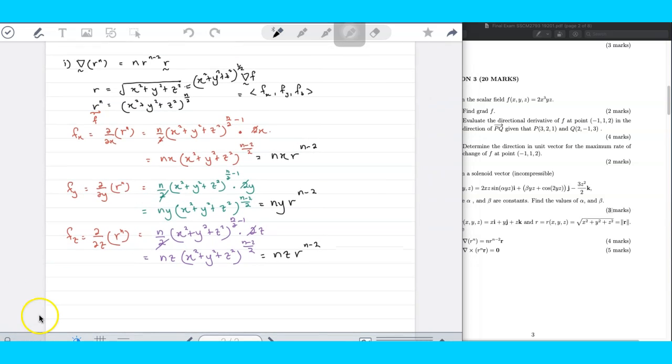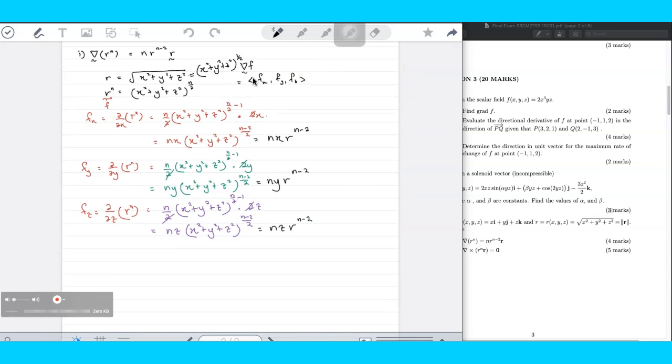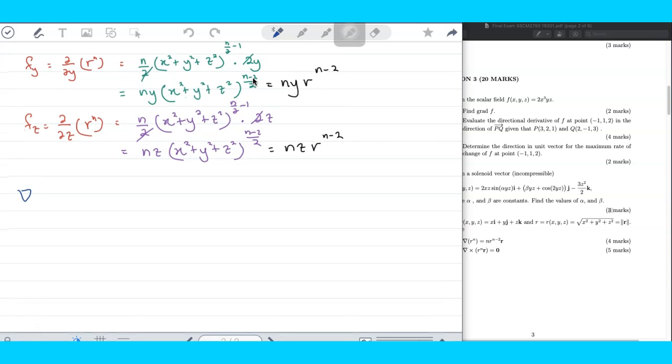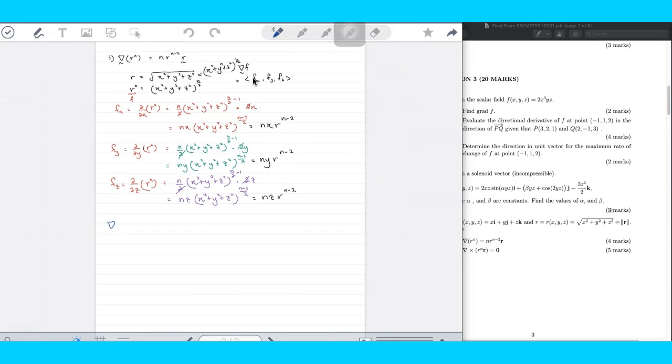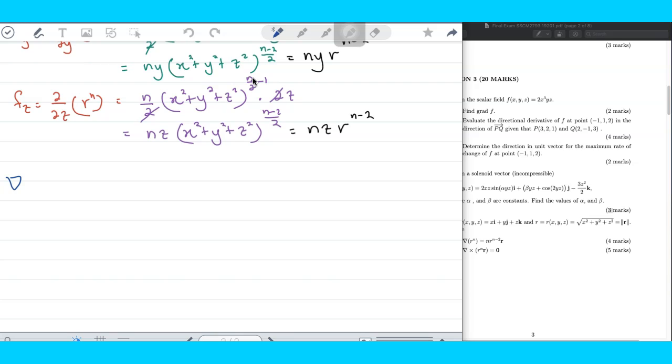If you rewrite all these components into vector form, the gradient of the scalar field r to the n is (fx, fy, fz).